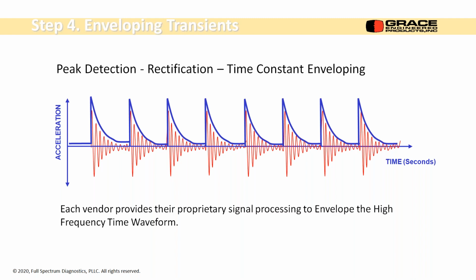And there's another thing called time constant enveloping, which is the blue line right here. So we're drawing an outline of the pulsing event. What we really care about is that peak event. Okay, so each vendor has proprietary signal processing to do just this. And this would be something that Grace would develop in the coming months.